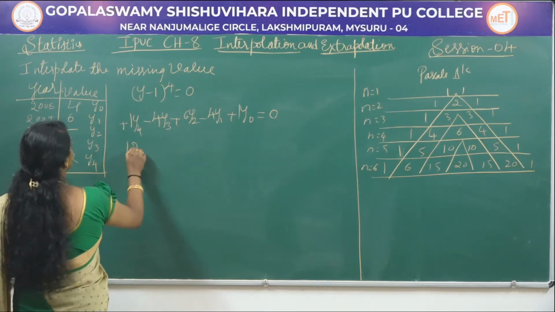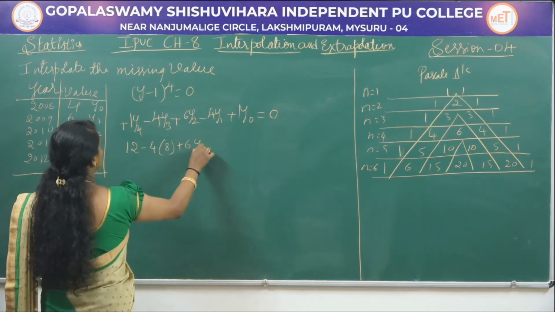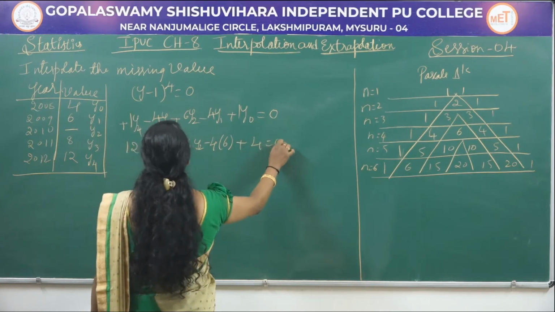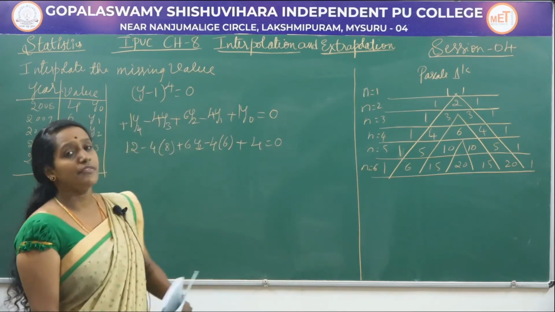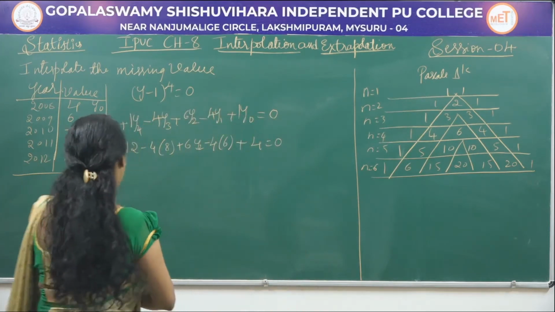That is 12 minus 4 into 8 plus 6y2 minus 4 into 6 plus 4 is equal to 0. Now the next step is simplification.